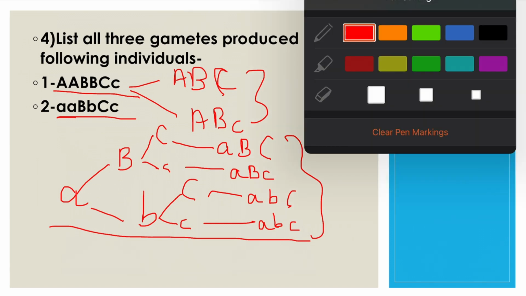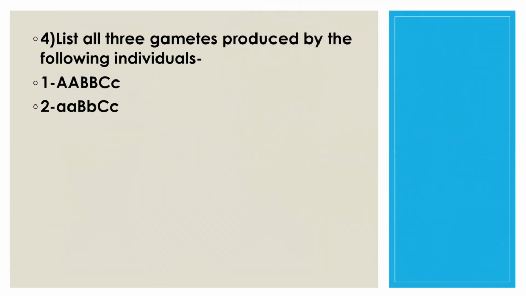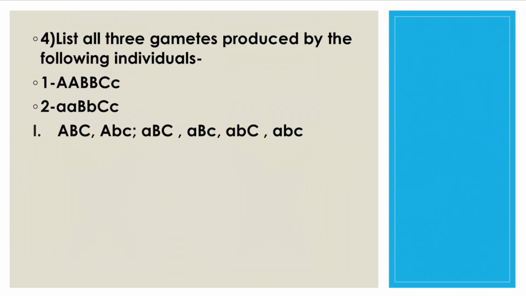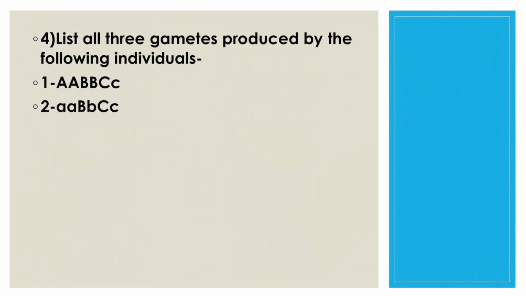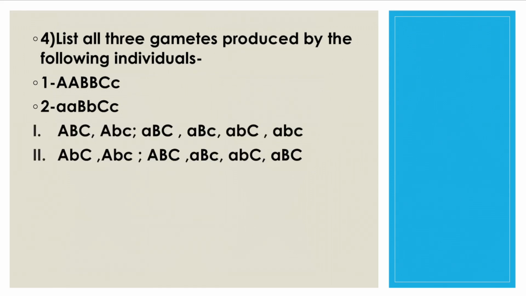So let's check our options. The first option is 2, 4. I think it's right. Let's see the second option. In the second option, this is small b and small b is not present in 1, so it must be wrong.